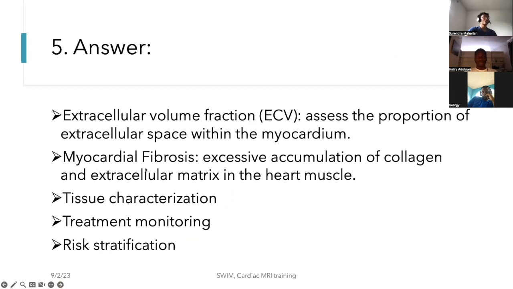It's used to measure myocardial fibrosis, the excessive accumulation of collagen and extracellular matrix in the heart muscle. Fibrotic tissue is deposited in the extracellular space, so it's very sensitive there. It's also used for tissue characterization, treatment monitoring, and risk stratification, like how much risk there is for the heart.